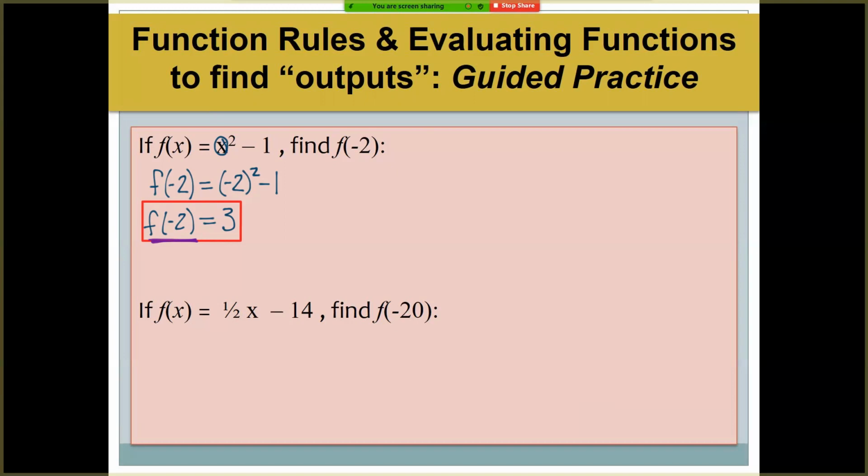The one down at the bottom says if f of x equals 1/2 x minus 14, find f of -20. So we're going to the function, we're plugging in -20 anytime we see x. So 1/2 times -20 minus 14.